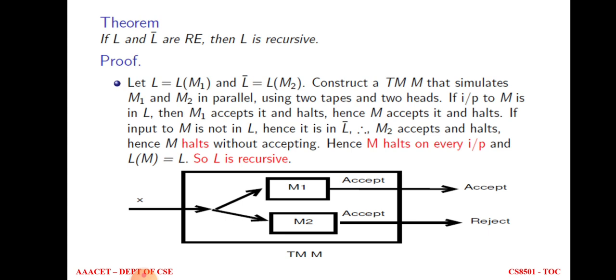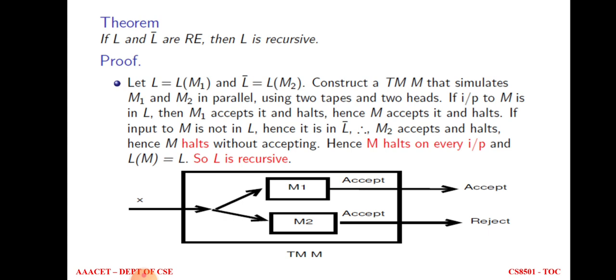The next theorem: if a language L and its complement L dash are recursively enumerable, then the language L is recursive. Consider the language L is equal to L of M1, meaning the Turing machine M1 accepts the language L, and L dash is equal to L of M2, meaning another Turing machine M2 accepts the complement of the given language L, that is L dash.